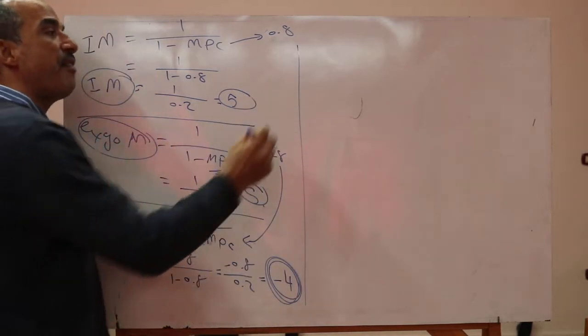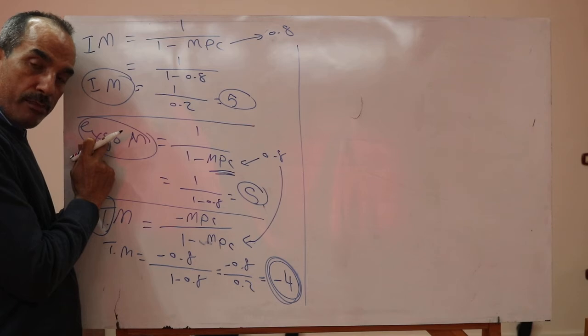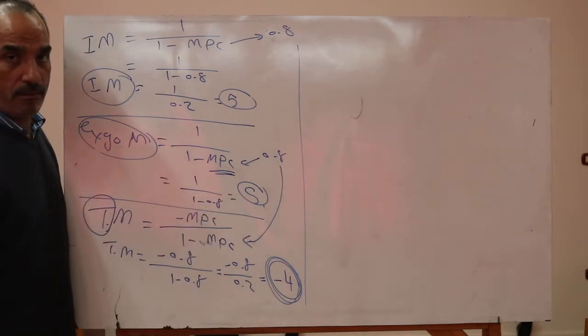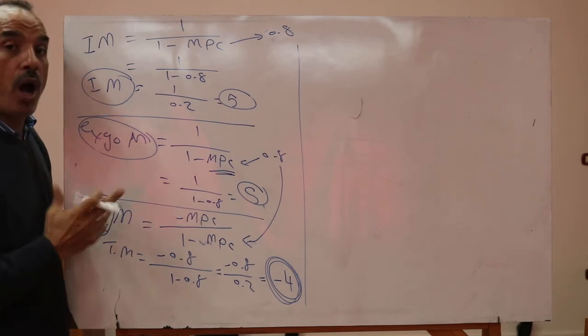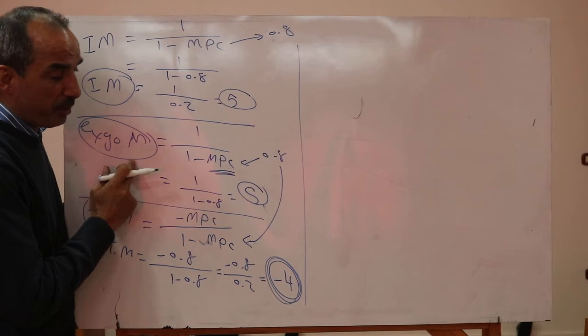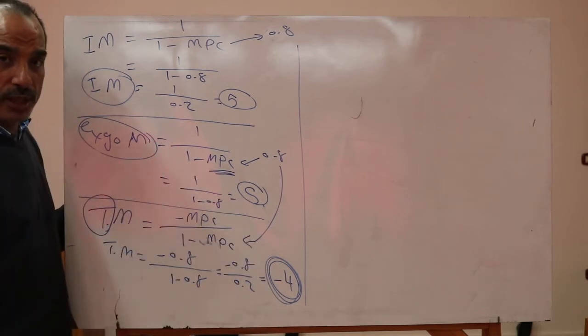It means the effect of the government expenditure multiplier is greater than the effect of the taxes multiplier. Why? The government expenditure multiplier is greater than the taxes multiplier by 1 unit.